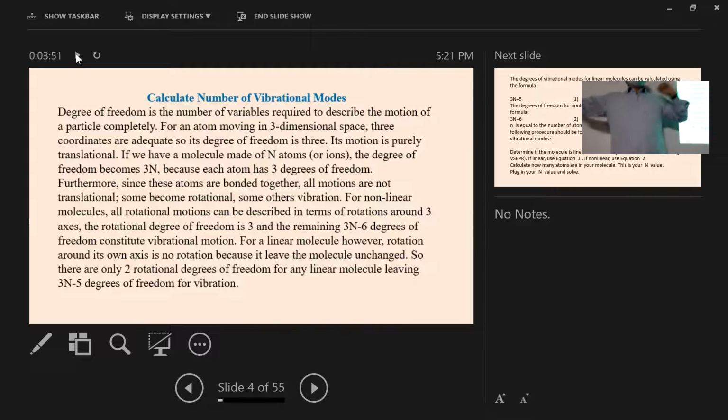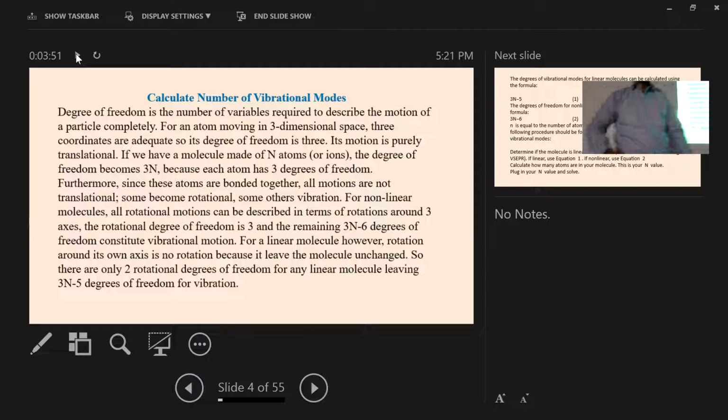Another one is only the bending. If you go like this way, that is also bending. So I have mentioned 3 different types of vibrations that we can find from the formula.